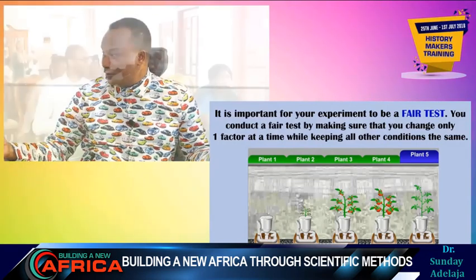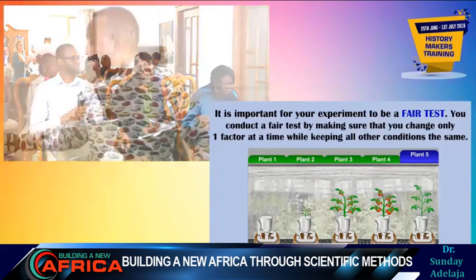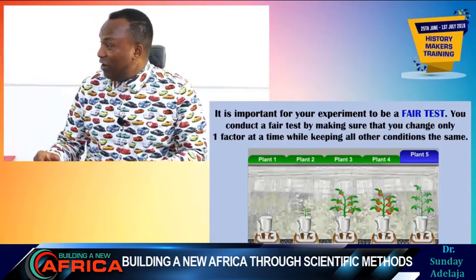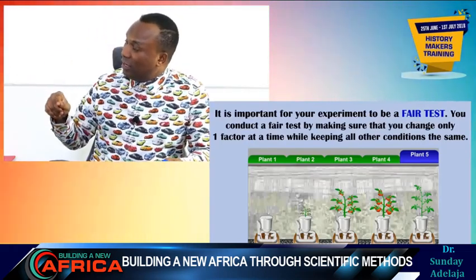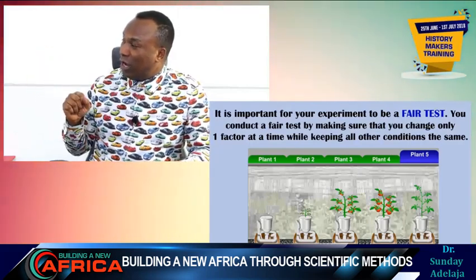You remember salt and sugar. If I said this thing is not good with salt and sugar, I said, why? Because I removed salt and then it was sweeter. I said, okay, did you also try to put salt and remove sugar? You didn't do that. No, I only did one.